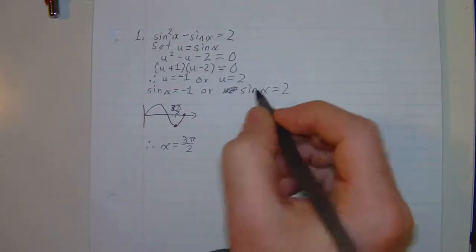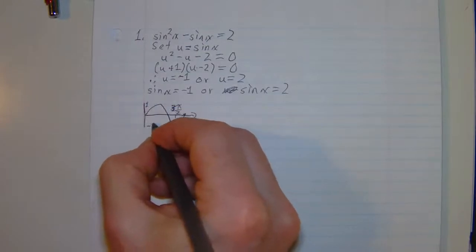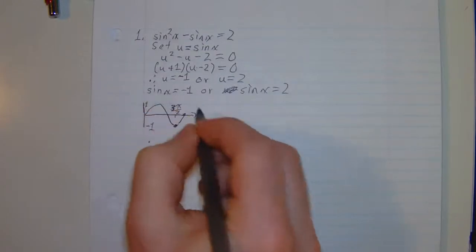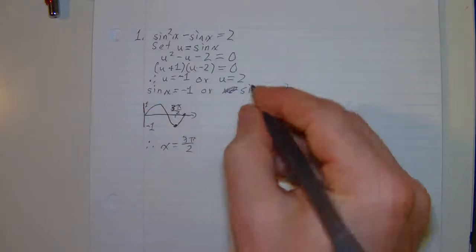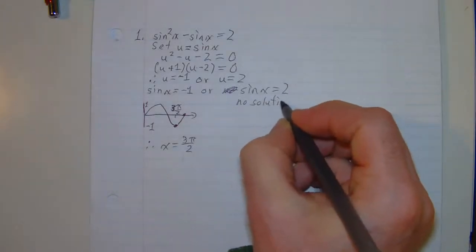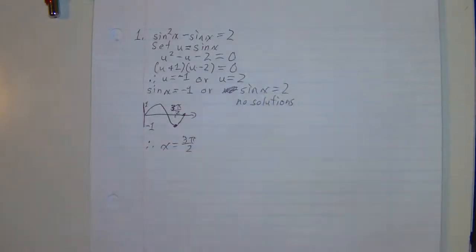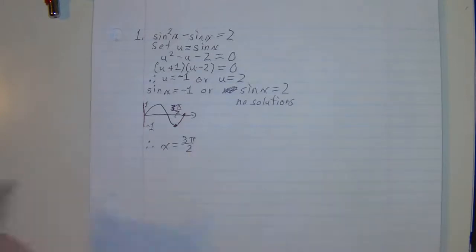And where does sine x equal 2? Well, this is 1. This is -1. Up here somewhere is 2. And we know the sine graph's never going to get all the way up to there. So there are no solutions to sine x equals 2. So therefore, 3 pi by 2 is the only solution.